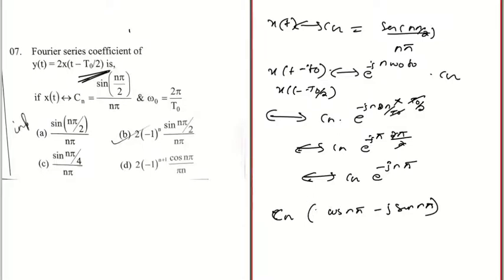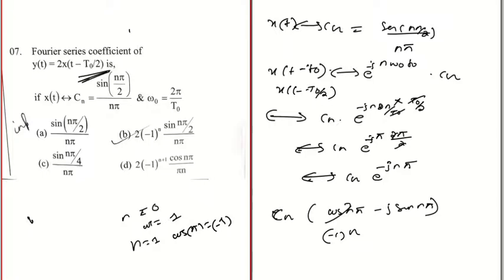Okay, so what happens when n is equal to 0? We'll start with 0. When n is equal to 0, cos 0 is equal to 1. When n is equal to 1, cos pi is equal to minus 1.